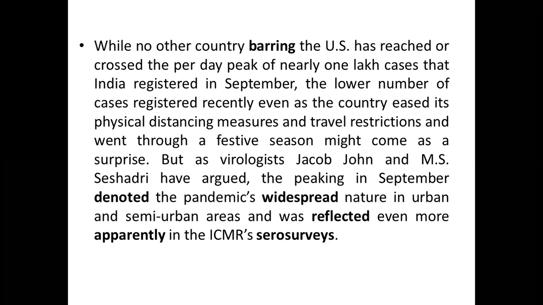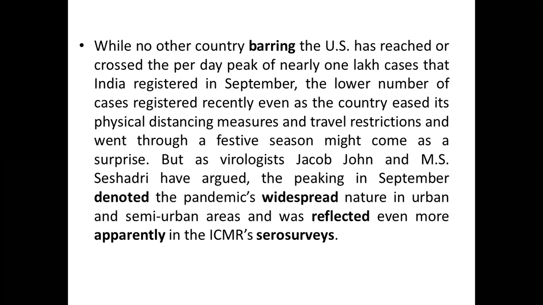While no other country, barring the US, has reached or crossed the per day peak of nearly 1 lakh cases that India registered in September, the lower number of cases registered recently, even as the country eased its physical distancing measures and travel restrictions and went through the festive season, might have come as a surprise.